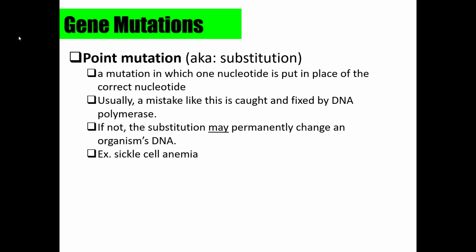And that substitution causes an amino acid known as glutamic acid to be swapped for another, valine. And this mistake results in the shape of a blood cell to be sickled. So blood cells are typically supposed to be spherical, but in sickle cell anemia, the individual has sickle-shaped blood cells.